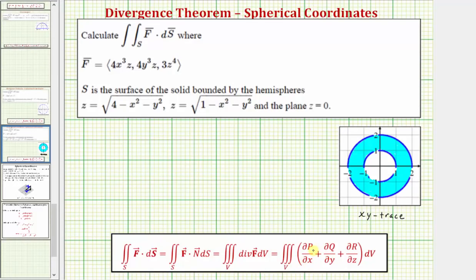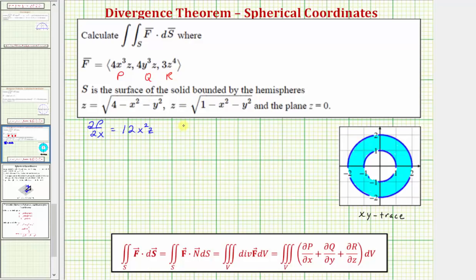these partial derivatives, where P is equal to 4x cubed z, Q is equal to 4y cubed z, and R equals 3z to the fourth. So the partial of P with respect to x equals the derivative of 4x cubed z with respect to x, which would be 12x squared z.